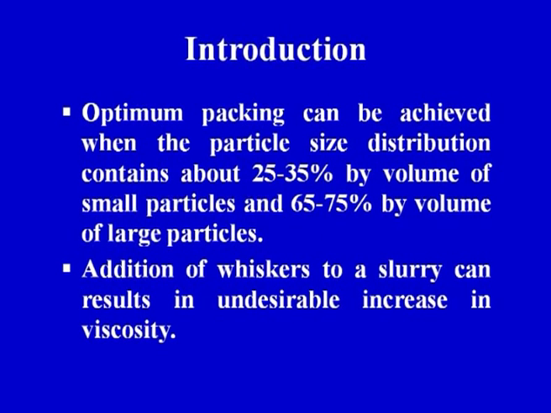So we will get an optimum packing of the particles and a fairly dense product. Addition of whiskers to a slurry can result in an undesirable increase in the viscosity, which is another point that has to be taken into account. So the viscosity of the slurry has to be maintained.